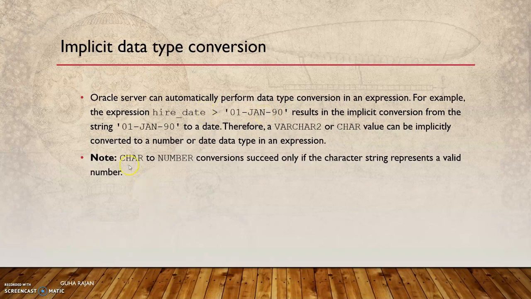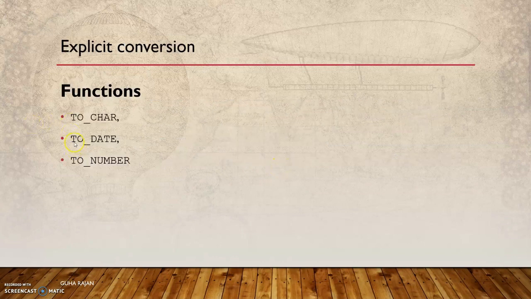As I had discussed, char to number conversion succeeds only when the column is defined as a varchar but you have stored a number. The TO_NUMBER function will work. So TO_NUMBER, TO_DATE, TO_CHAR: if it is a character but still a number, then you could use TO_NUMBER to explicitly convert that. So that's as far as the conversion is concerned.